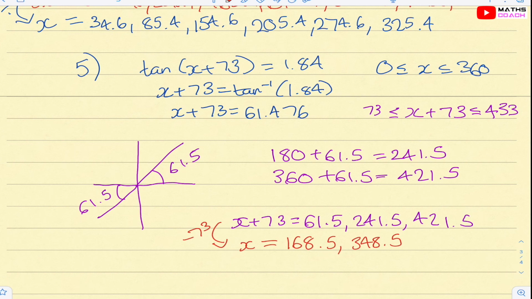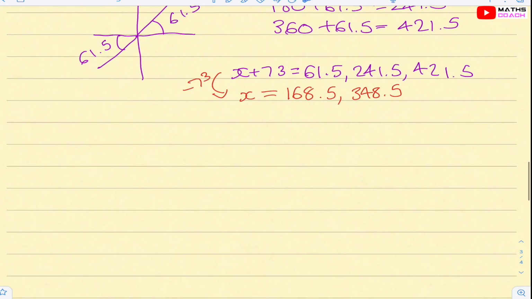However, 61.5 minus 73 is going to give me a negative number. The problem with that is, initially, for the solution of x, we only want it between 0 and 360. And if we end up with a negative, it's lower than 0, and we want anything which is greater than or equal to 0. So we end up with only these two solutions.